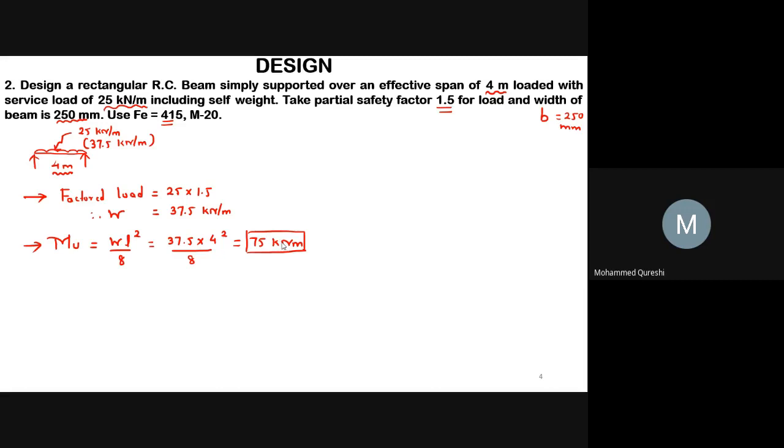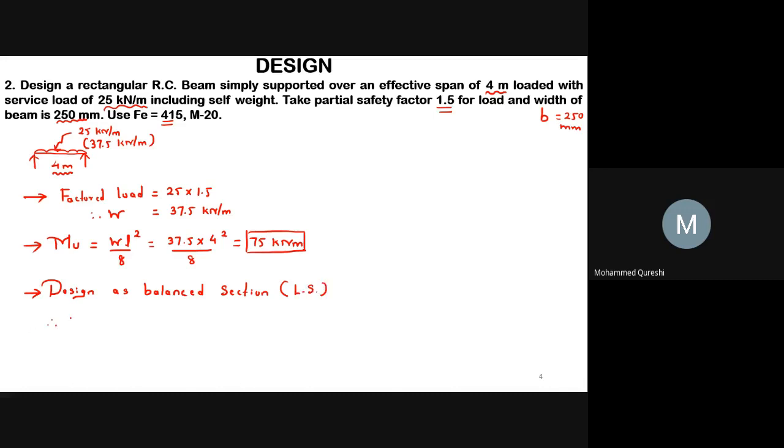In this example also, it is not given whether it is a balanced section, limiting section, or over reinforced section or under reinforced section. Hence, I am assuming that we are going to design as a balanced section. Balanced section is also known as limiting section.